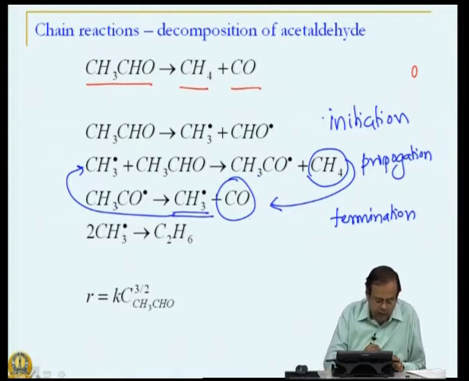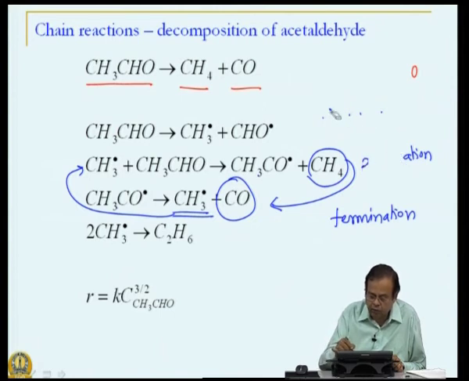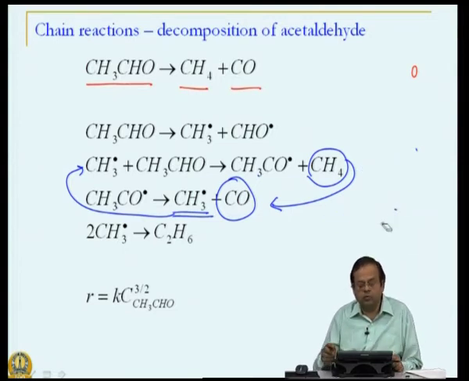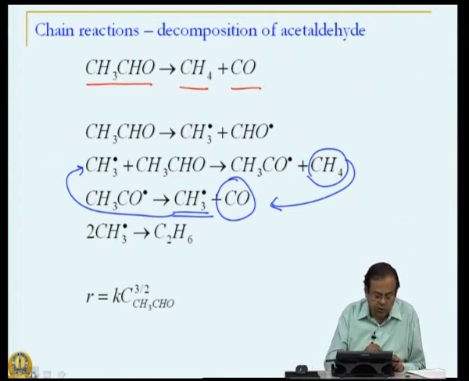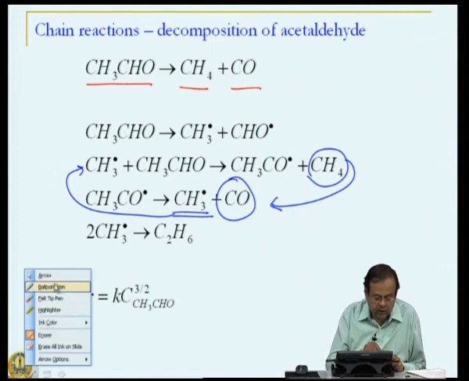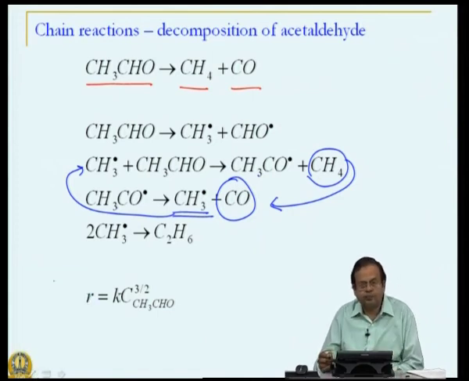But before we do that, let us rewrite this in a slightly different form, so that we see the cyclic nature of this reaction. So, what I am going to do is write the same reaction in a slightly different form.